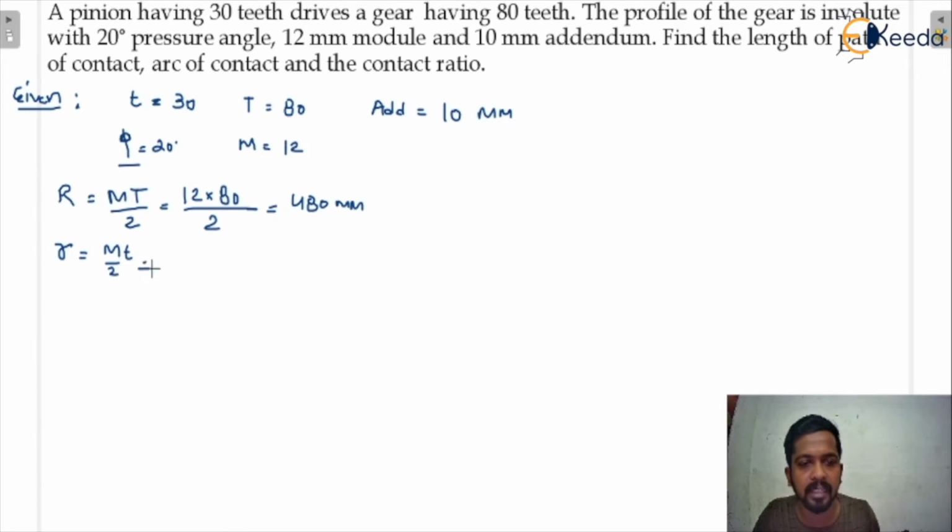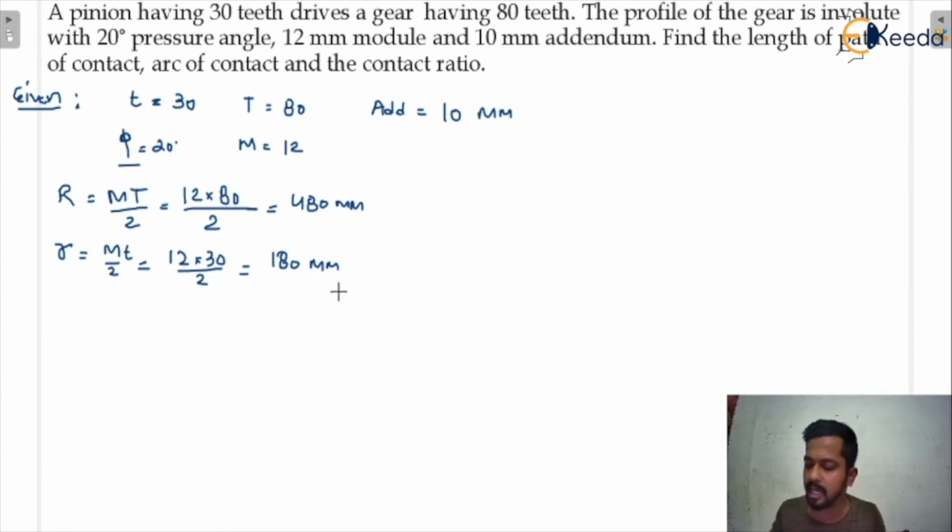The module will be the same for mating gears. Remember, the module will be the same for mating gears. Multiply by 30 upon 2. Okay, so what you will get is 180. So that is the radius of the pitch circle of the gear as well as the radius of the pinion. Are you getting my point?